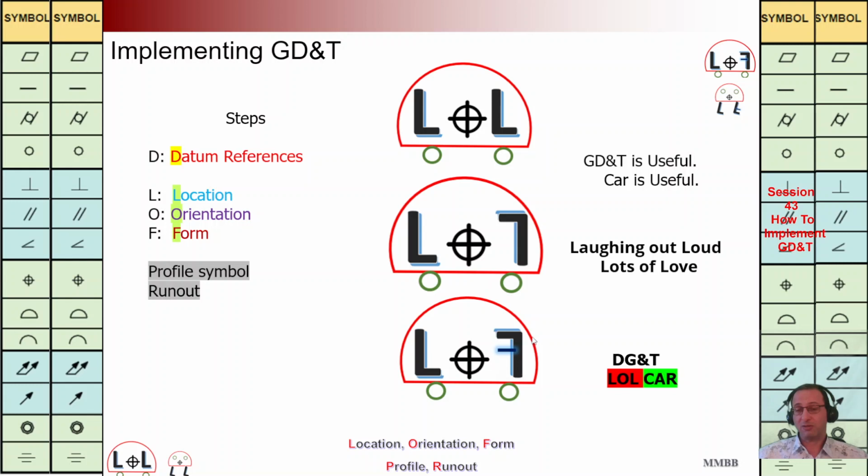This D in red color is going to represent datum references. Now we can see here, for example, at top right, this funny guy is going to have this LOL car here. Or at this corner at bottom left, we are going to have this funny guy. He's going to have this LOL car.